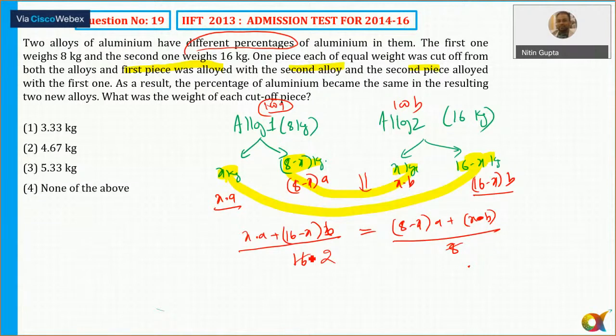Hmm. So this is 2. Equal to 8 dx. Let's open the bracket.